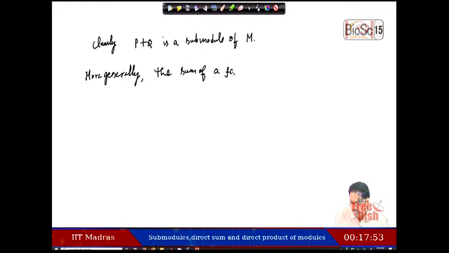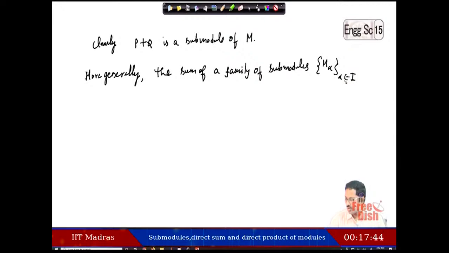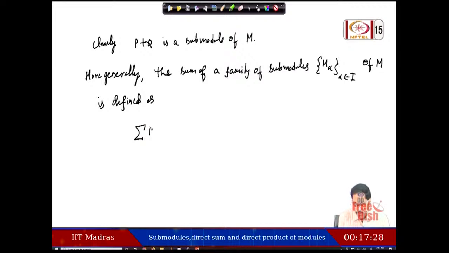Okay. So, more generally, the sum of a family of submodules M alpha of M, alpha belongs to I, is defined as the following. We denote it by summation of M alpha, alpha belongs to I, where I is some index set.